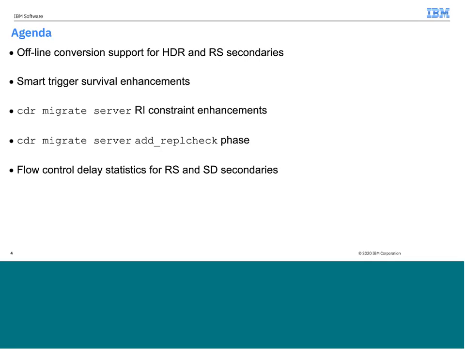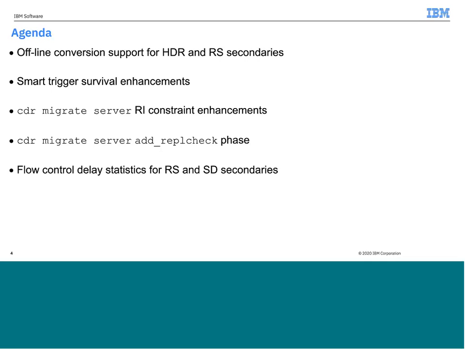We'll talk about some changes and enhancements to the Cdr Migrate Server, particularly around referential constraints and improving data synchronization. And finally, just some improved statistics for RS and SD secondaries around flow control and what those statistics can provide to you.